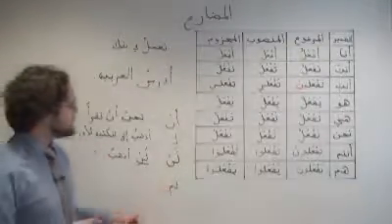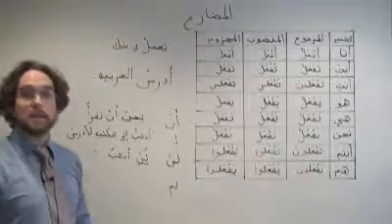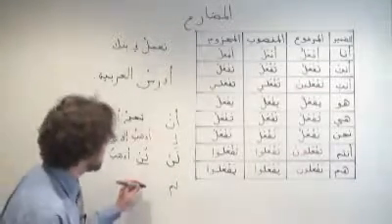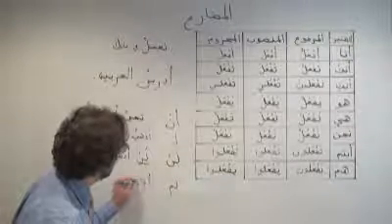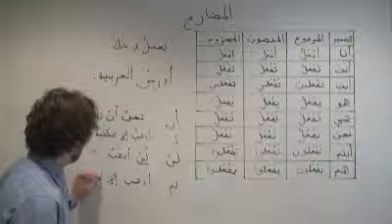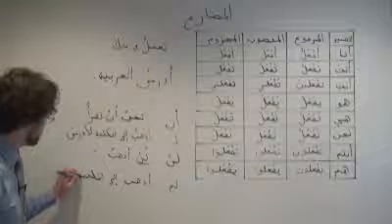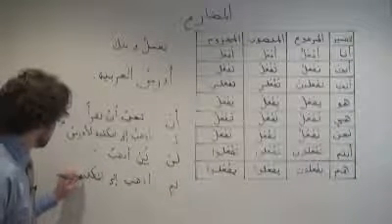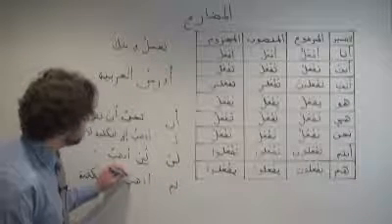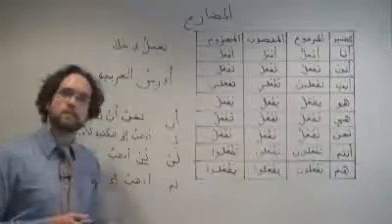So similarly with lam, if I want to say I didn't go to the library, for example, I would say lam أذهب إلى المكتبة. And here, since it follows lam, it would have a sukun.